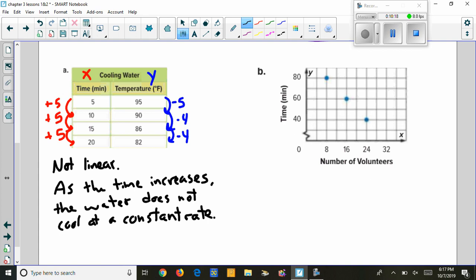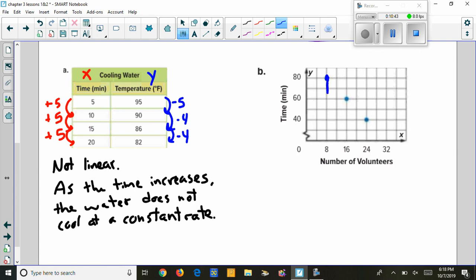Now let's go over and look at the graph. To figure out whether a graph is linear or not, we're going to count how far up and down and then left and right you have to move to find the next point. So I'm going to start here with this point, and I notice that my points are going down.